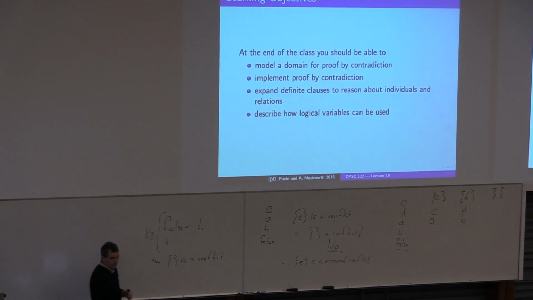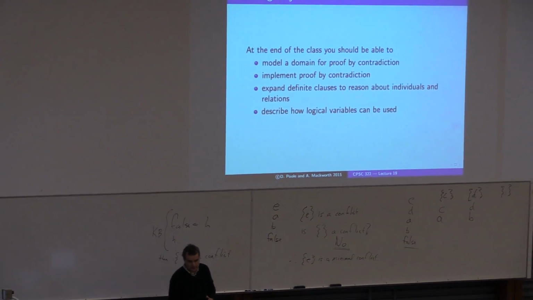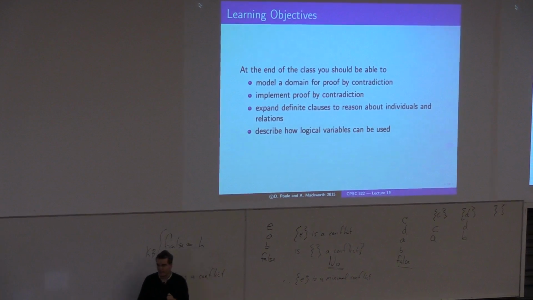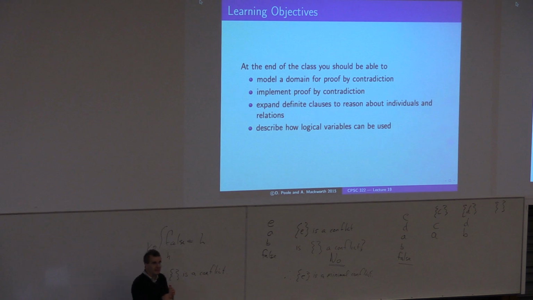All right. So today we're going to end up talking about proof by contradiction, and then we're going to start talking a little bit about one of the dimensions we looked at, which was the dimension of not just features, but reasoning about objects and relationships amongst them.